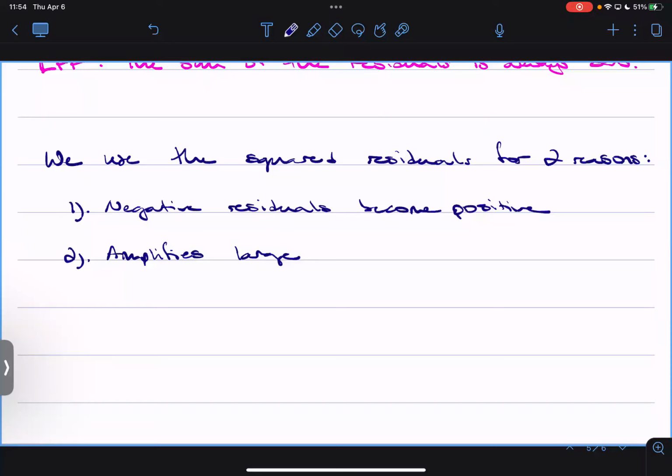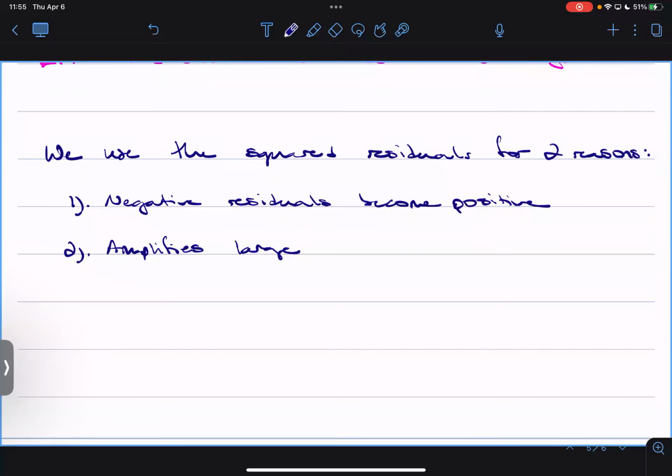Then it becomes a line of best fit. I would think of it as starting with a slope of 0 and then adjusting to make up for those large residuals. It's not something we need to worry too much about, because we're just going to have the formulas and use them and then interpret them. So we're not going too far, but it amplifies large residuals and tries to capture them.